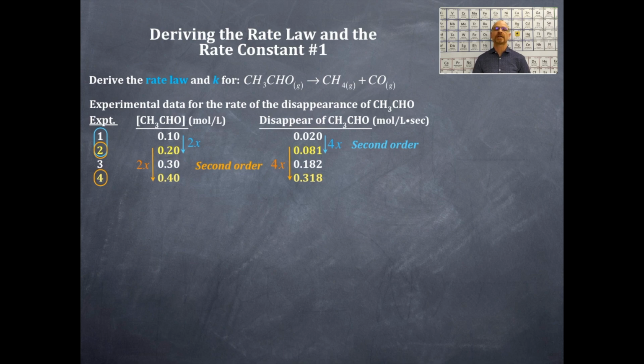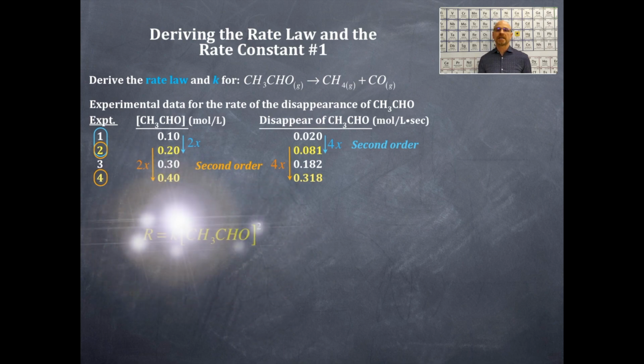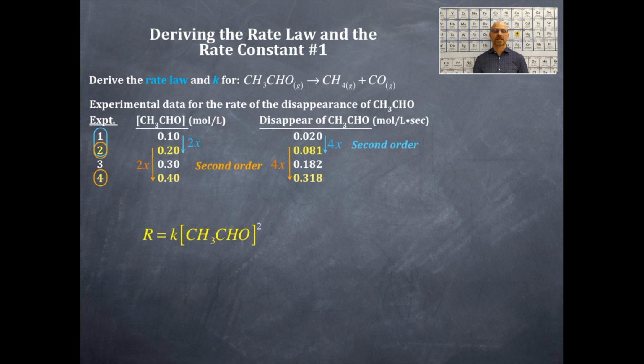So now what we can do is write the rate law. Here is the rate law for this reaction: the rate is equal to the rate constant, that's K, times the concentration of the reactants to the power of the order of that particular reactant. You need to remember that all rate laws are relative to reactants only, never to products. That's really important.